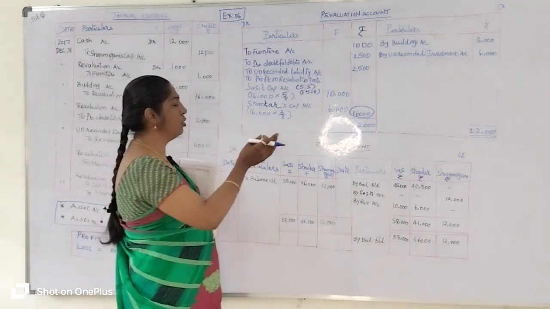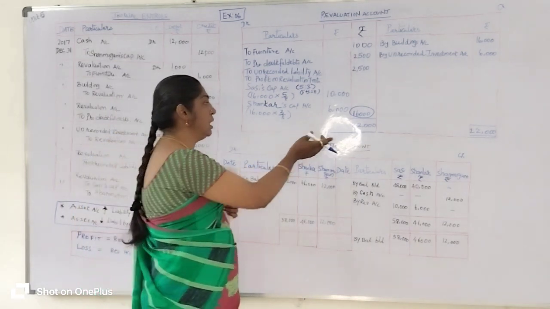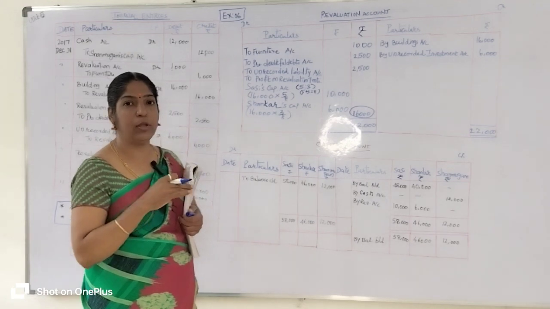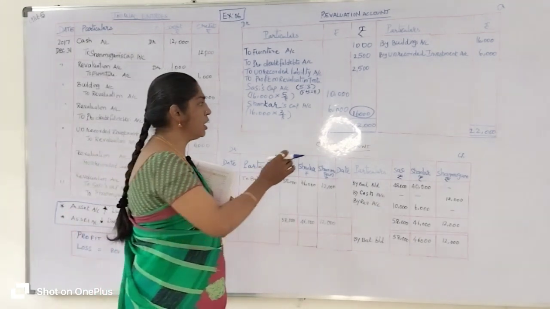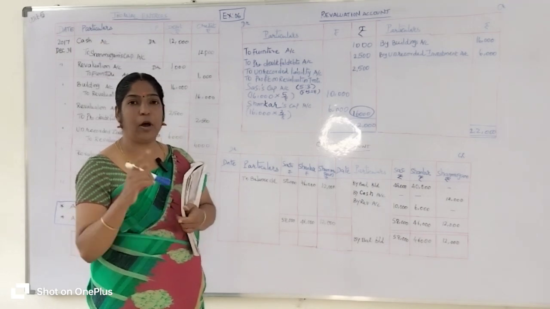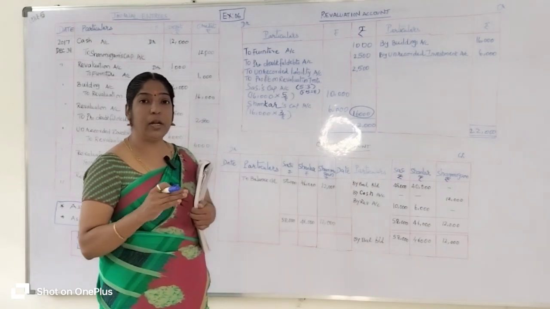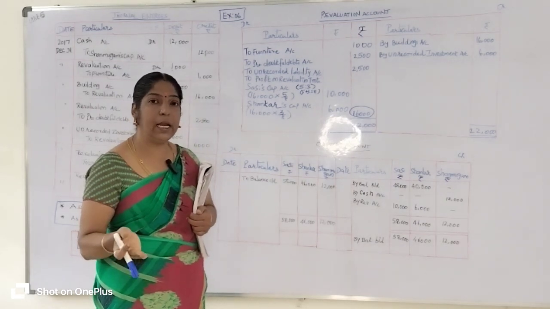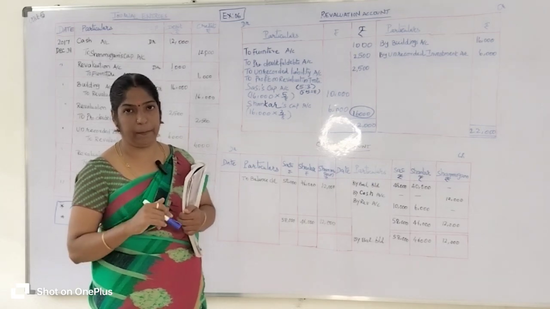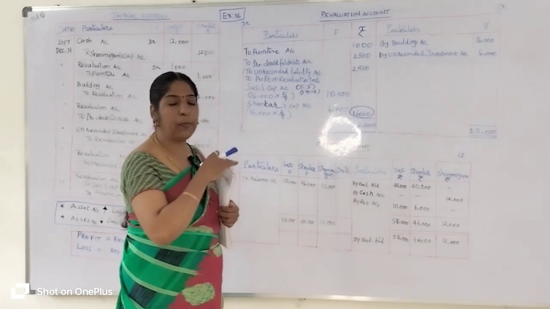So then what you have to do with that 16,000 rupees? You are going to distribute that 16,000 rupees accumulated profit to the old partners' capital accounts in their old profit sharing ratio. What is meant by accumulated profit? I already explained in the introduction part 1 video. Profits and losses belonging to the previous year, not distributed to the old partners, are called accumulated profit.